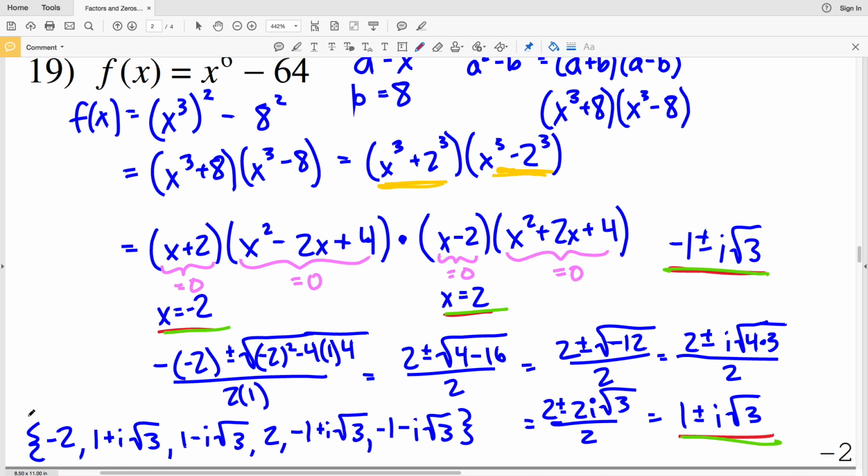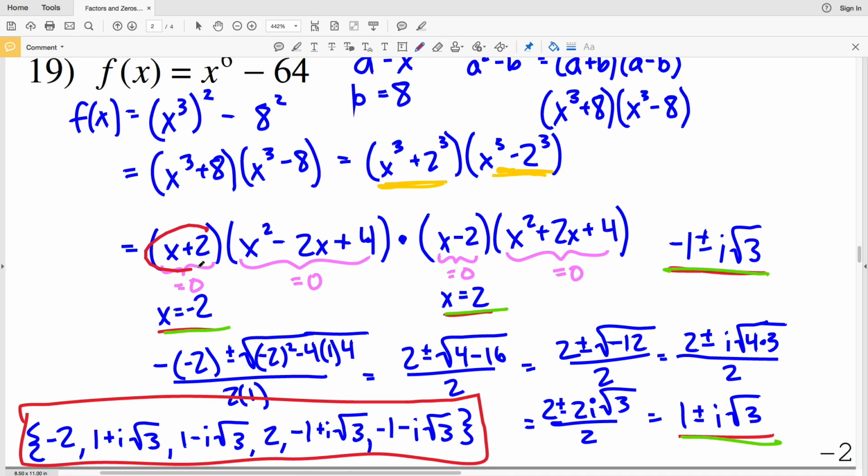So you can see that we have 6 solutions for number 19: 1 for the x plus 2 polynomial, 2 for x squared minus 2x plus 4, 1 for x minus 2, and 2 for x squared plus 2x plus 4.